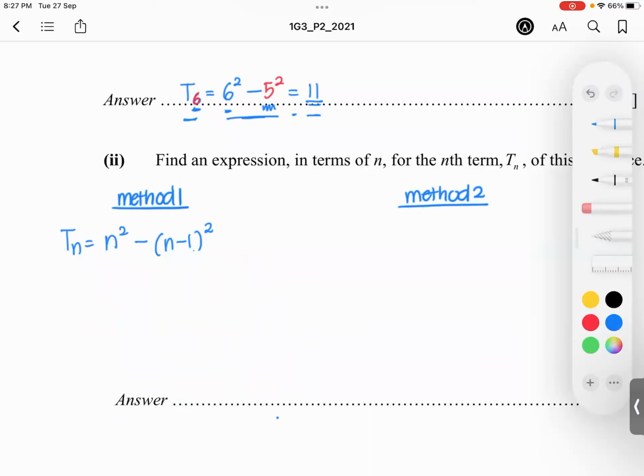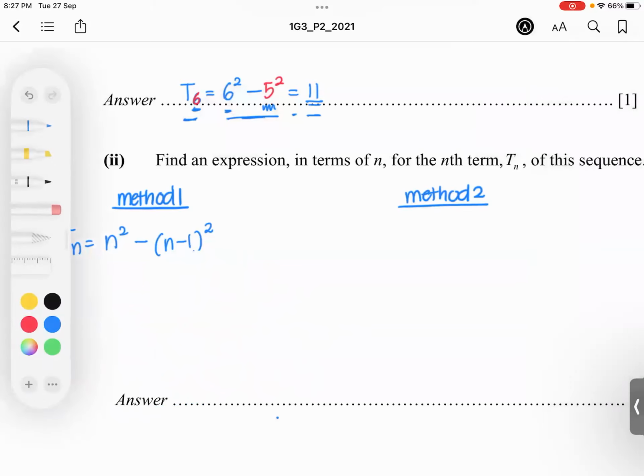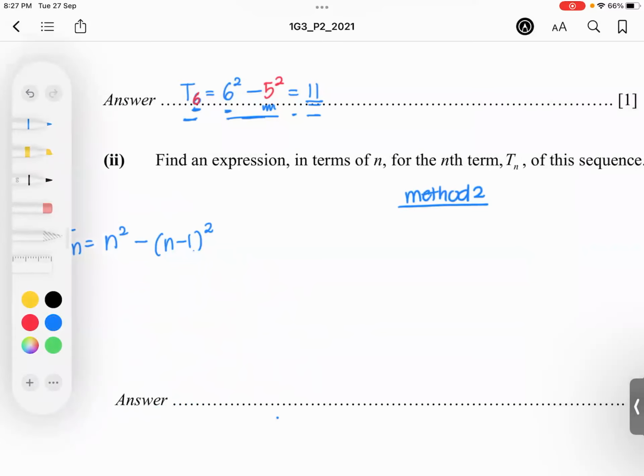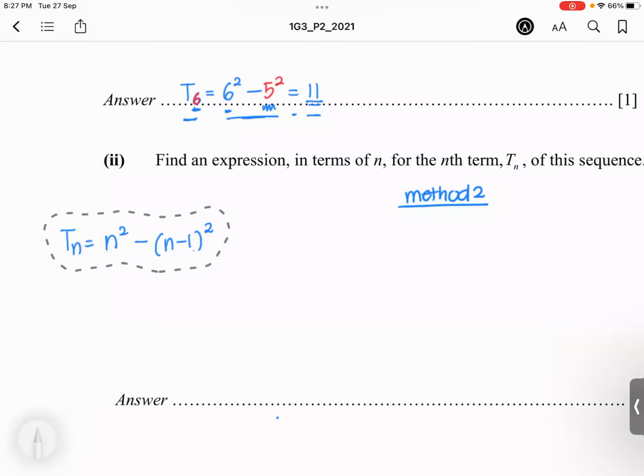What am I going to do? I'm going to use method number 2. Oh, Chen Xin. I'm going to use method number 2, where I link the first part of this. So I don't want method 1 really, because expansion may not work very well for me. I'm going to keep the first part of the expansion.